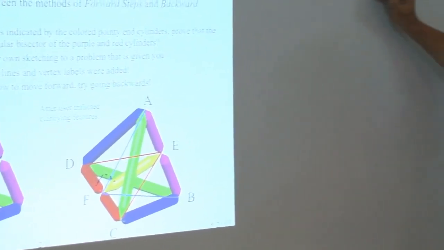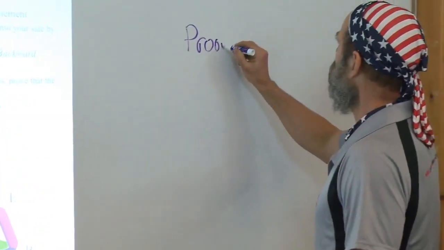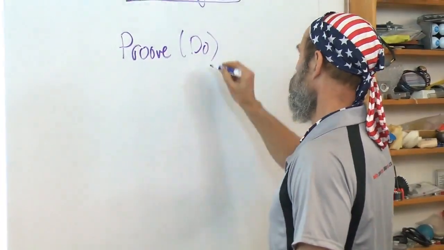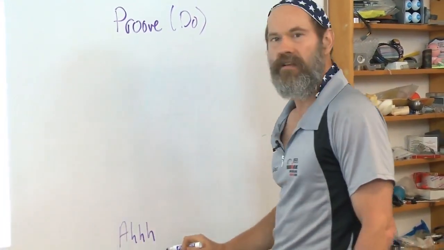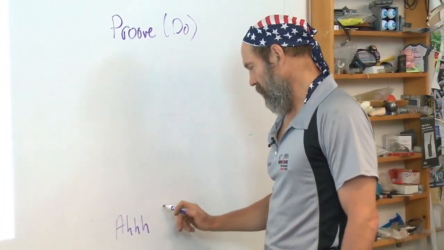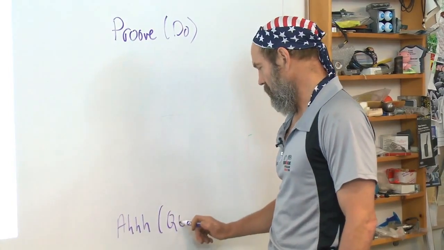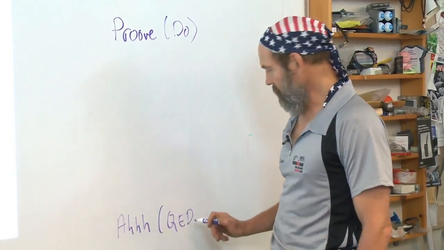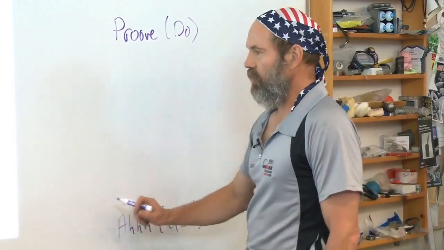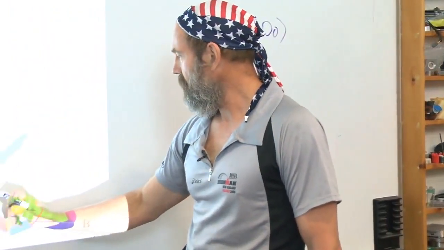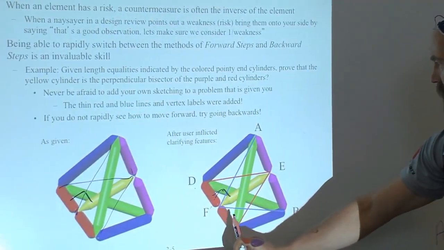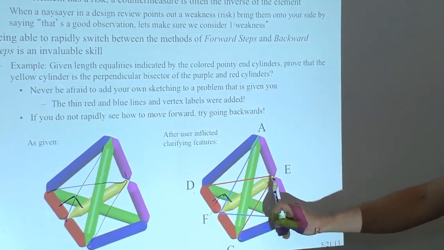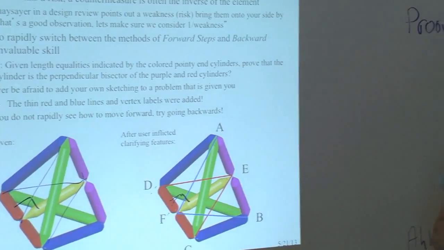So when you say prove or do, and in the end you say, that's ancient Latin for modern Latin of QED, which means we be done. So in the end I'm going to say, df squared plus fe squared equals de squared if it's a right triangle, for example.